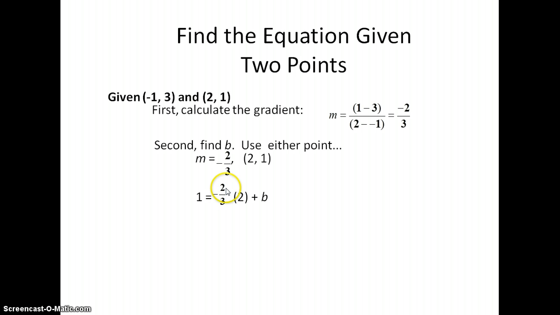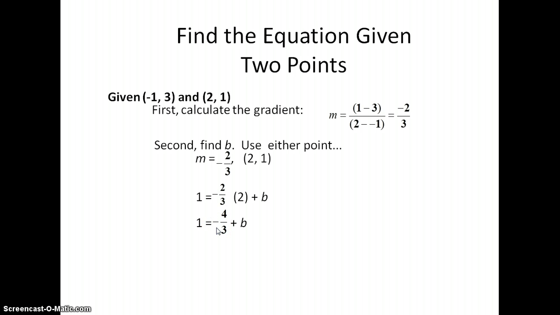m is -2/3, and the x coordinate of your point is 2. So you replace the x here by 2, and you replace the y here by the y coordinate of your point, plus b, the y-intercept, which we're looking for. Here -2/3 times 2 becomes -4/3 plus b, and your y is 1.